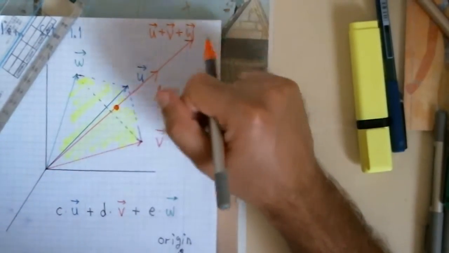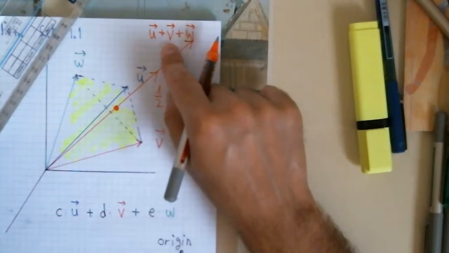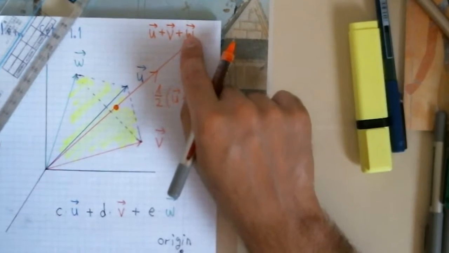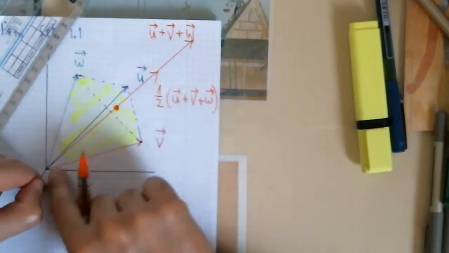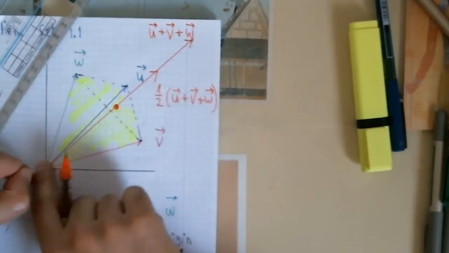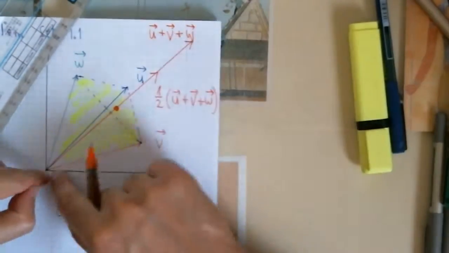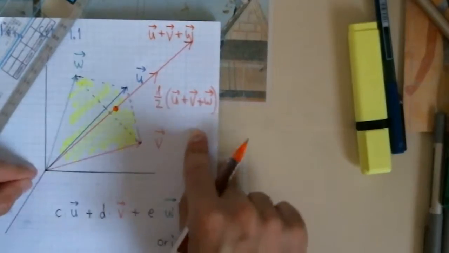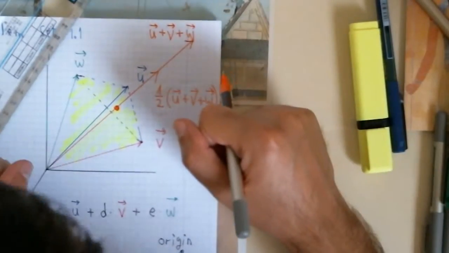And the same with v and w. It can be that v is 1 and u is 0 and w is 0. So we will have only v, and then it would be along v, and it will not be inside the pyramid, it would be exactly on the edge of the pyramid. So I think this is what they mean.